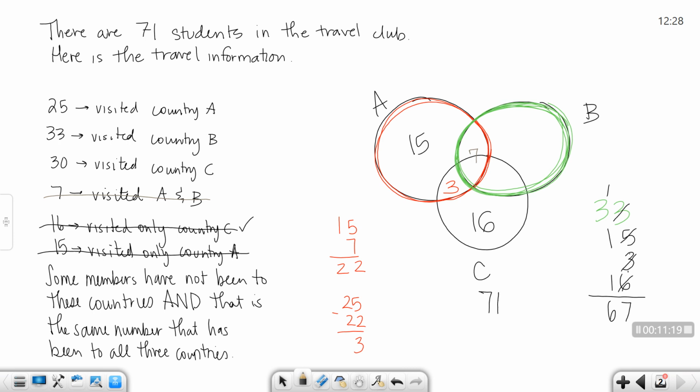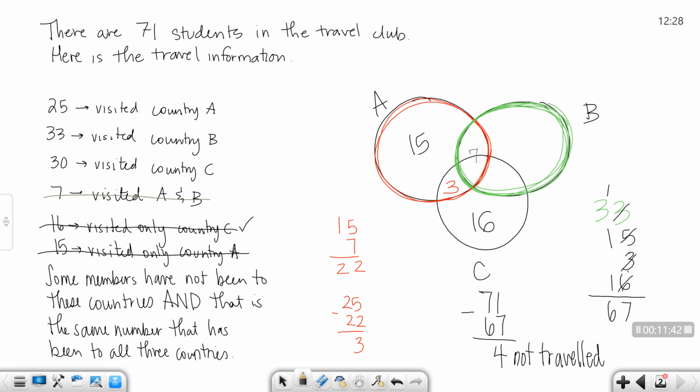Remember, there's 71 people total all through the whole problem. So 71 minus 67 tells you there are 4 people that are unaccounted for, or 4 people that have not traveled to any country. Now, there's a clause at the end.